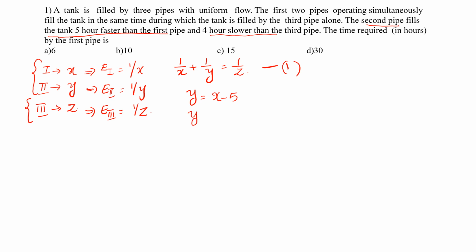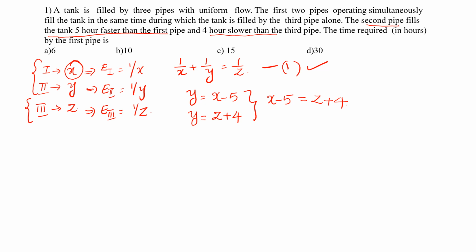That is, y is 4 hours more than z. From these two pieces of information we can write x minus 5 equal to z plus 4. Now what we have to find? The time required by the first pipe, that is, we have to find x.